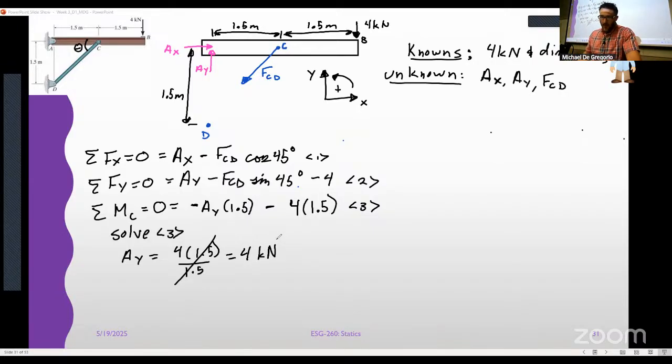That's 4 kilonewtons. That is very interesting. It should be negative. That means I didn't draw it correctly, right? It needs to be pointing downward. We'll just make a note and move on.